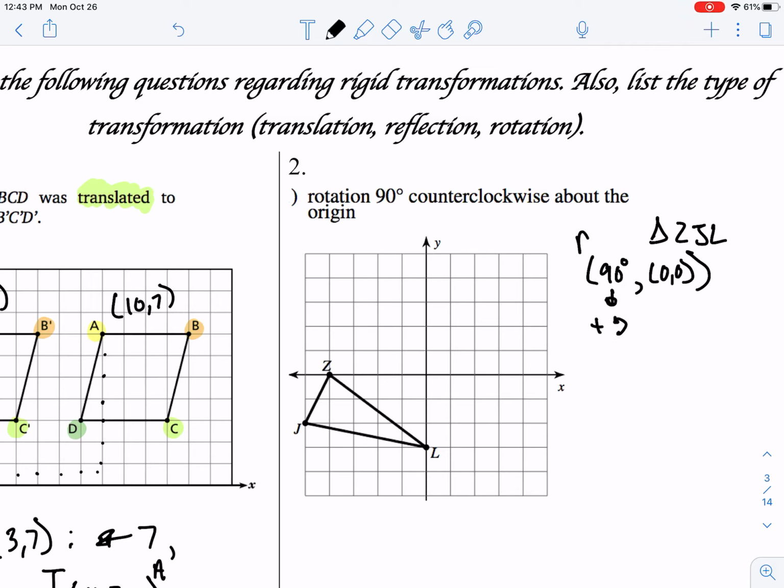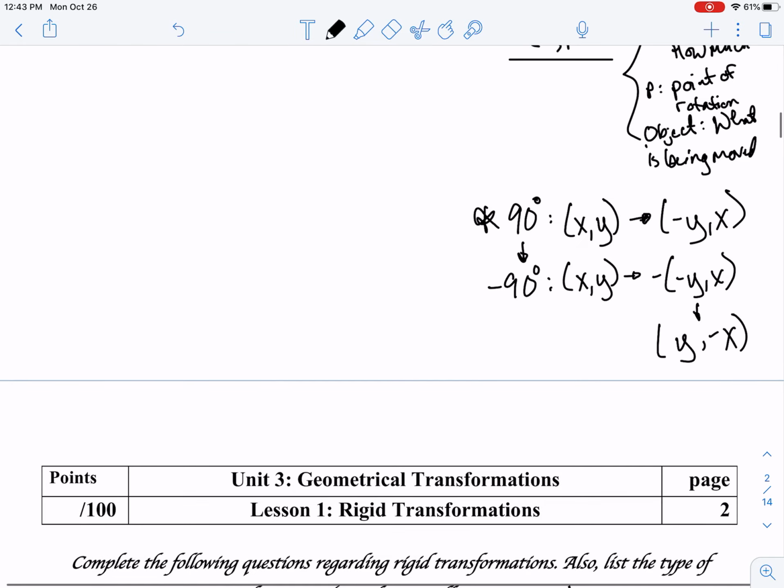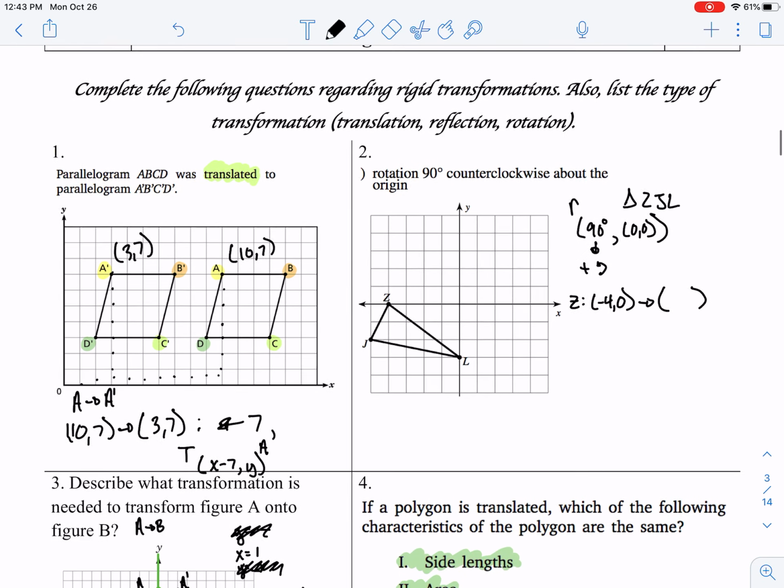So again, you just pick a point, Z, which is (negative 4, 0). What does it move to? Well, I remember my rule. 90 degrees, which is positive, (x, y) is going to become (negative y, x).